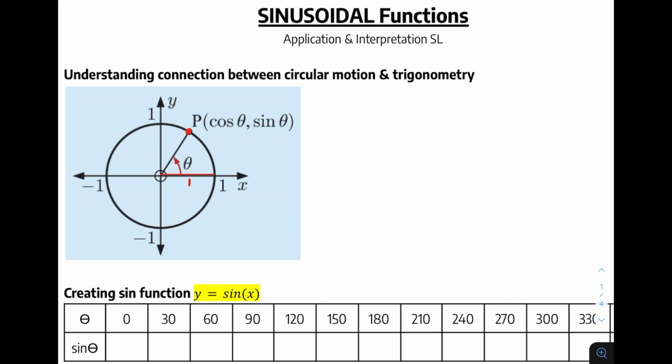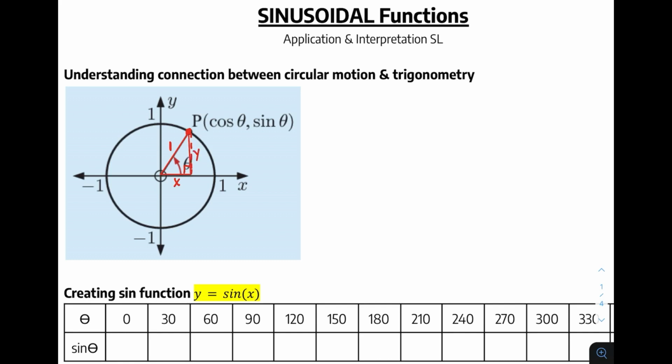First, we're going to try and create a right angle triangle inside of our circle, where the hypotenuse of the right angle triangle is 1. With this hypotenuse of 1, now we have a triangle that's created, and we can talk about what would be the x side and the y side of my triangle.